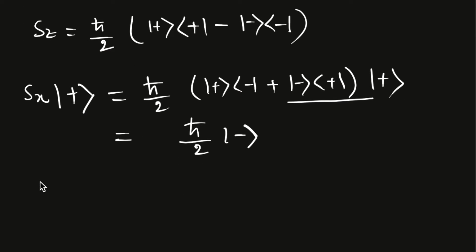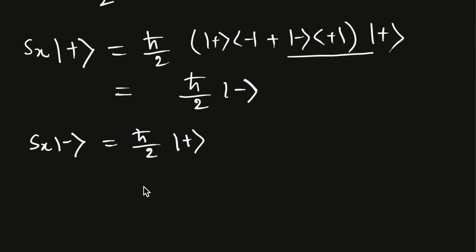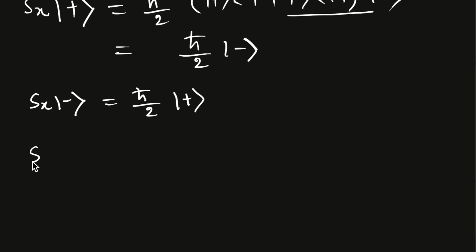Similarly, if we operate Sx on minus, it will give ħ by 2 plus. And if we operate Sy on plus, it will give i ħ by 2 minus.